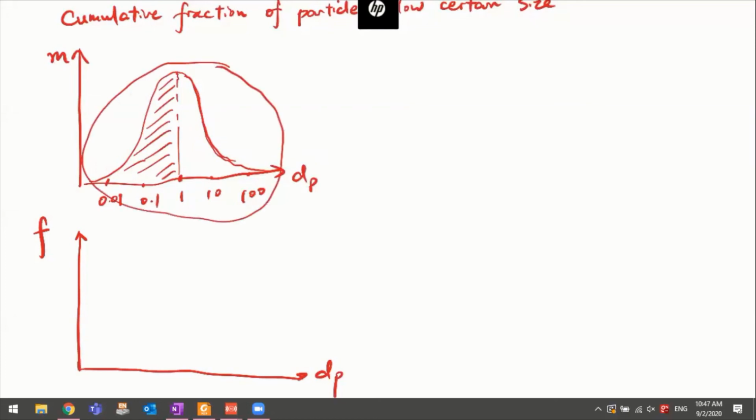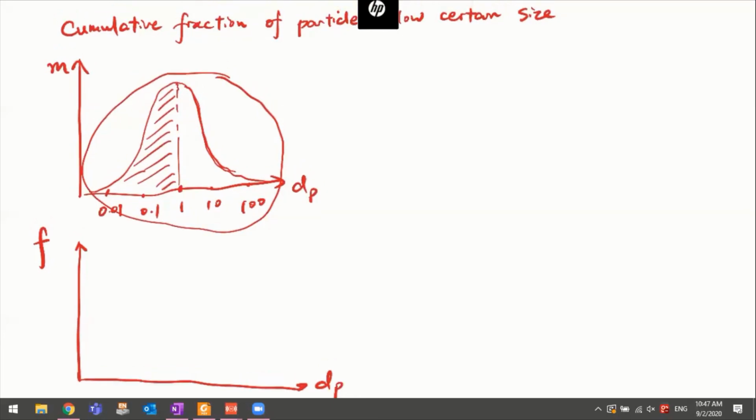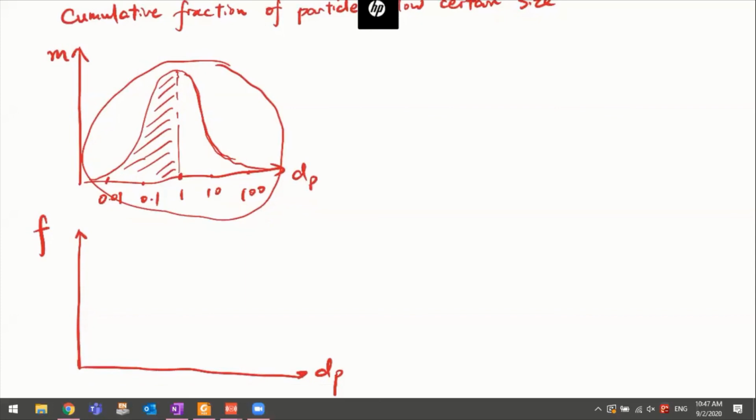So based on this relationship, we know that the cumulative fraction at this particle size of 1 micrometer is going to be 50%, right? Because 1 micrometer is at the center of this log normal distribution. Then what about, let's say, dp equal to 1,000?